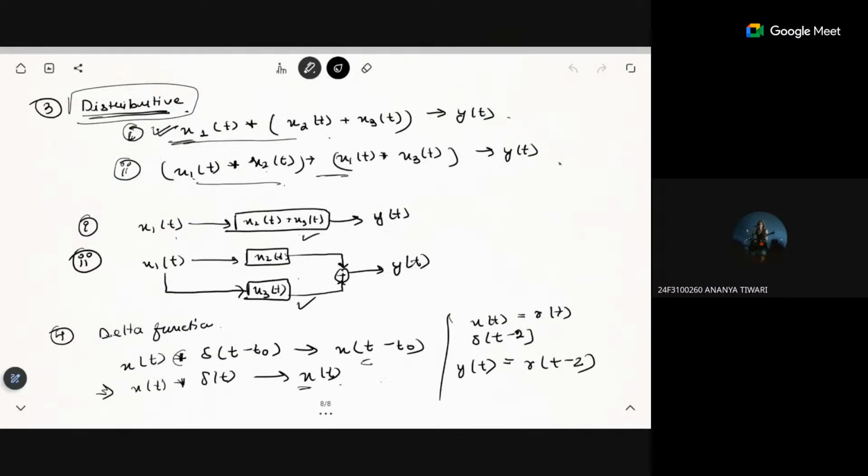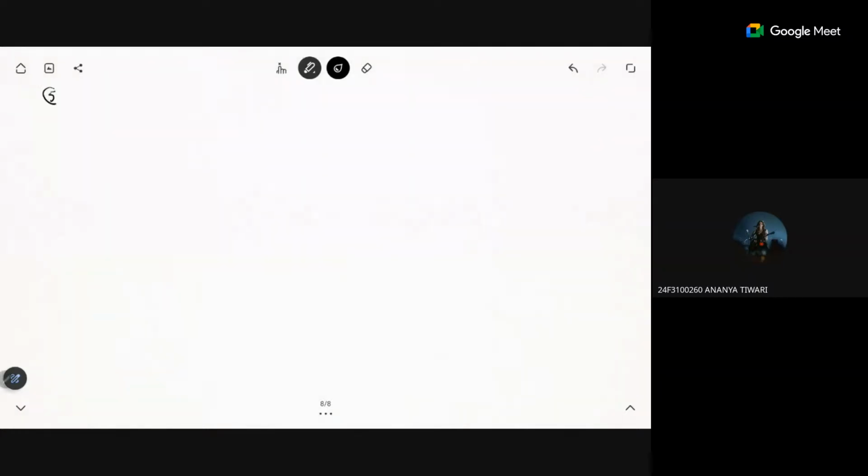So the fifth property. This will be very handy for solving the questions. That is time delay in convolution. What does this say? If your x1 is an input signal delayed by t1, and it is convolved with x2 of t minus t2, what will be the output?